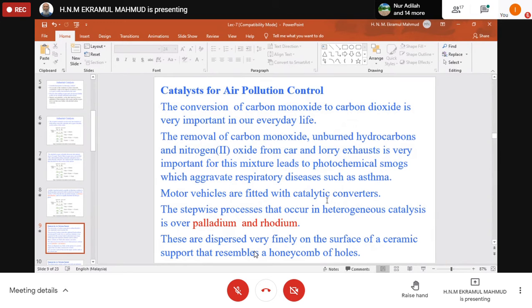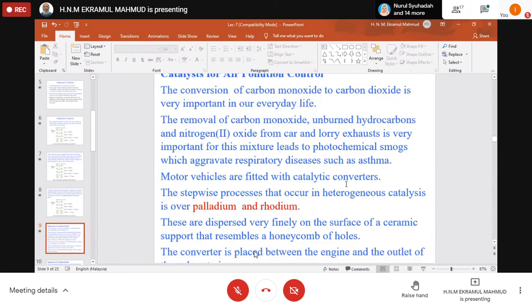Motor vehicles are fitted with catalytic converters. Now, they are still costly and I think still not widely used. You have motorcycles, right? Almost all students have motorcycles. Do they have a catalytic converter in every motorcycle? I do not think so, because it is maybe costly and not widely used yet. But yes, there are some motorcycles with catalytic converters.